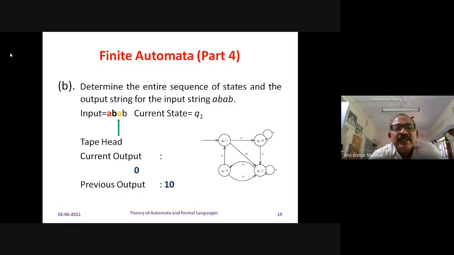What will be the next output and next state for this configuration? The machine is in state Q1 and the input is A. Abhinav Tiwari, am I audible for you? Adarsh Patel, are you in class? Can you give the answer to this question?